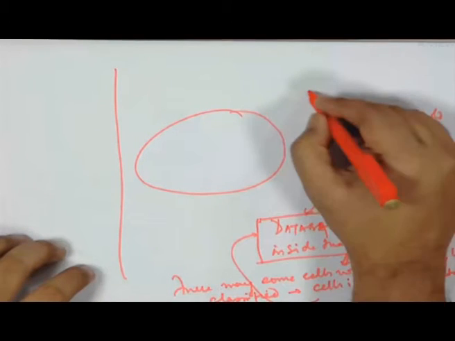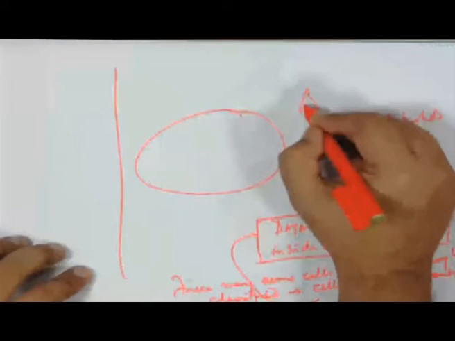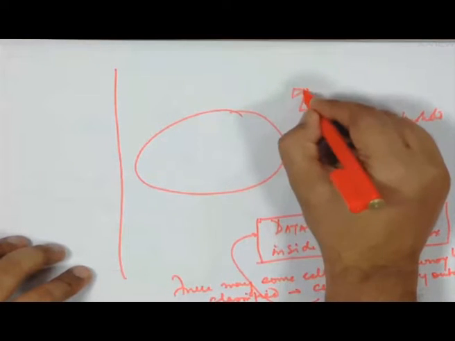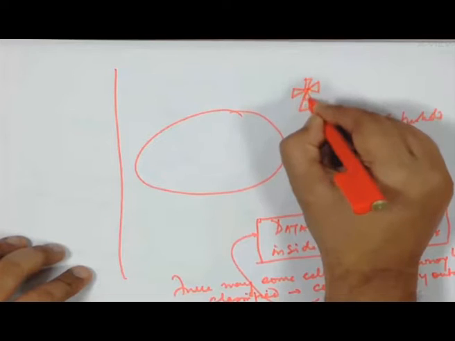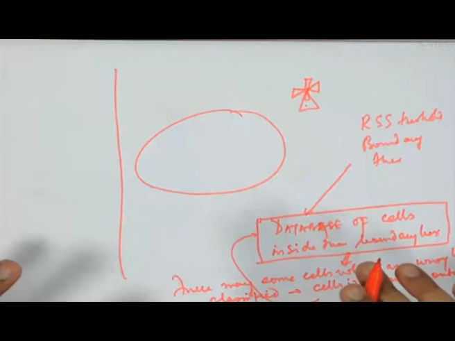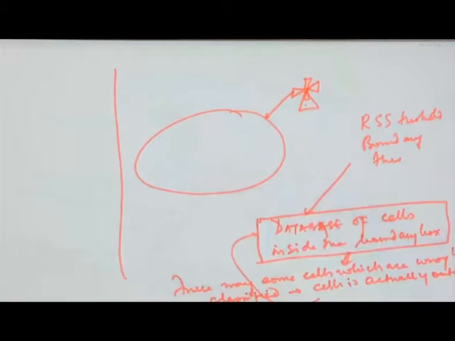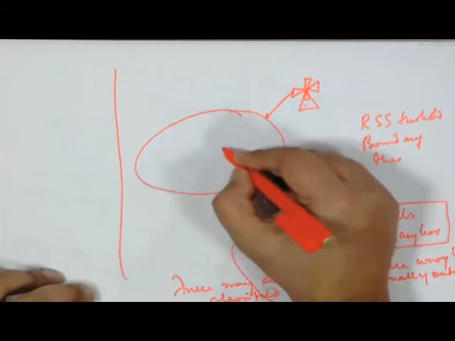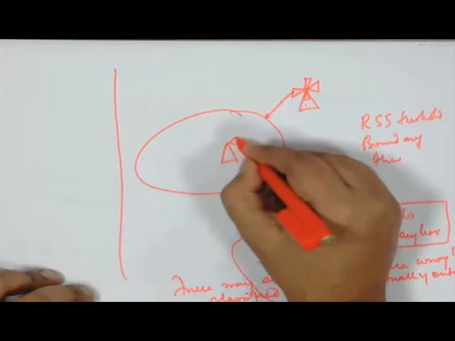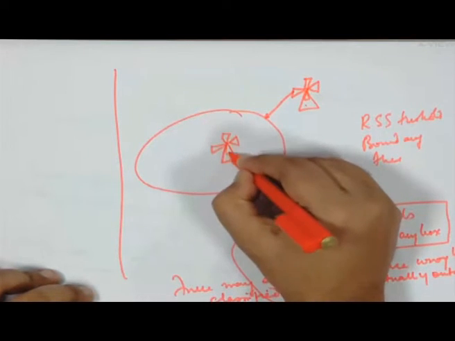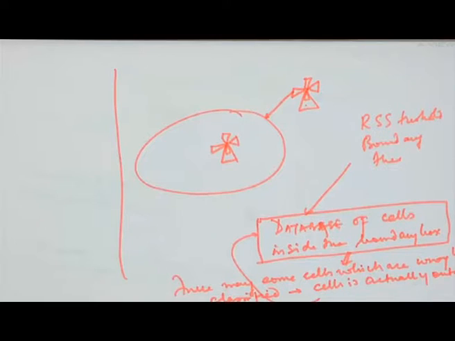Now think, so this is a cell tower outside. Which cell would come inside? Only the cell which is facing the road will come inside. All the other cells which are not facing the road would not come inside. Whereas if you think of a tower inside, all the cells, whichever direction they are facing, are facing the perimeter or some road inside the boundary box.